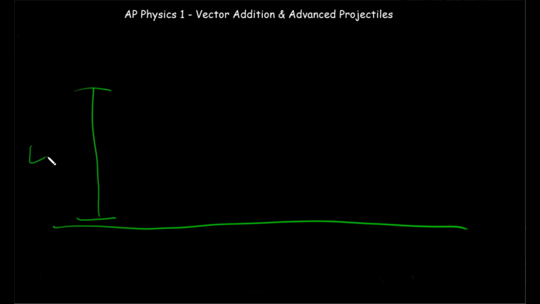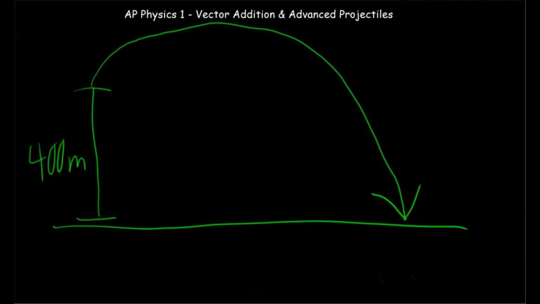Let's say we have this situation, and we are, say, 400 meters above the ground, right? And we throw a ball, and it reaches the bottom. And we initially throw the ball at, say, this is going to be really unrealistic, but 300 meters per second.